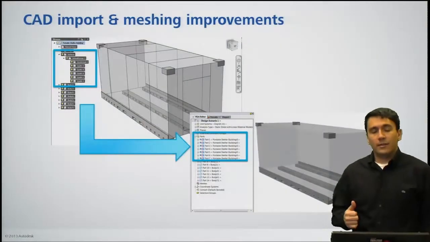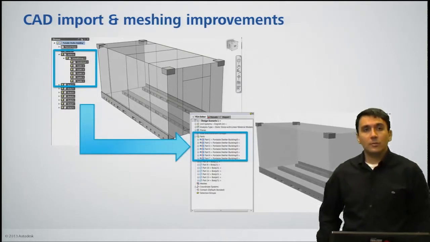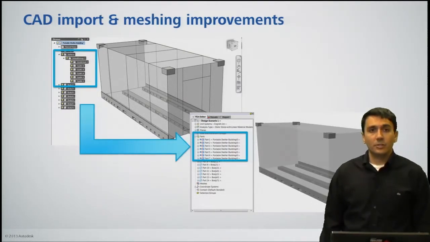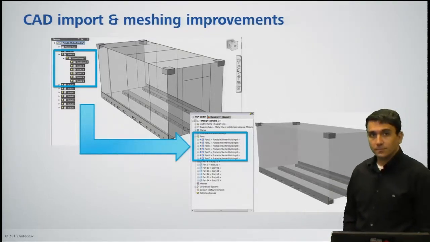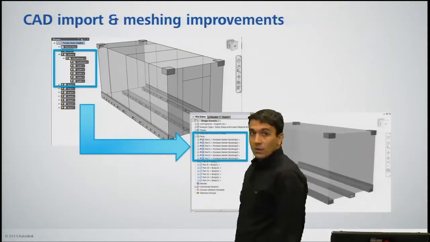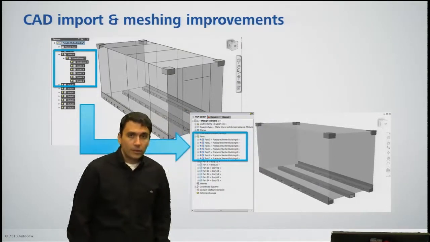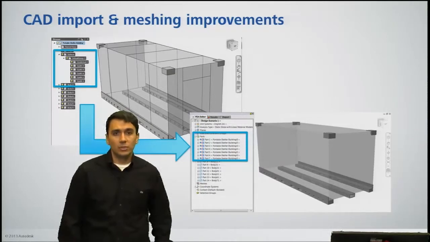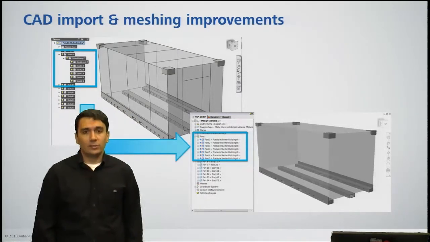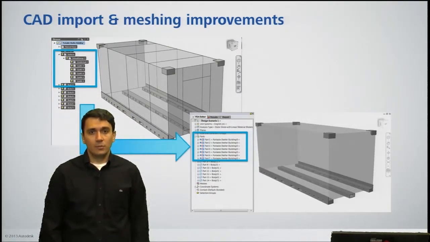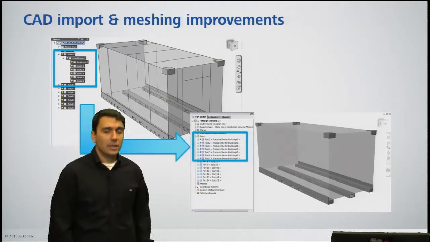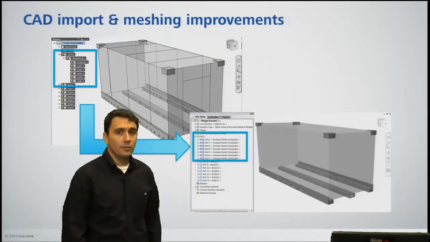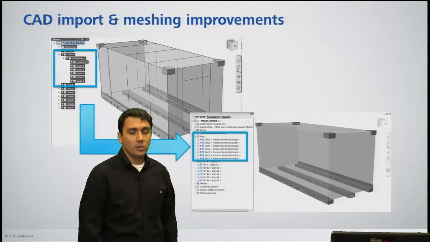In this slide and the next one, I'll talk a little bit about some of the work we've done around meshing and CAD import for Autodesk Simulation Mechanical 2014. Whenever you're dealing with assemblies that have both solid and surface geometries and trying to import them to Simulation Mechanical, you often end up changing the mesh type for surface geometries.